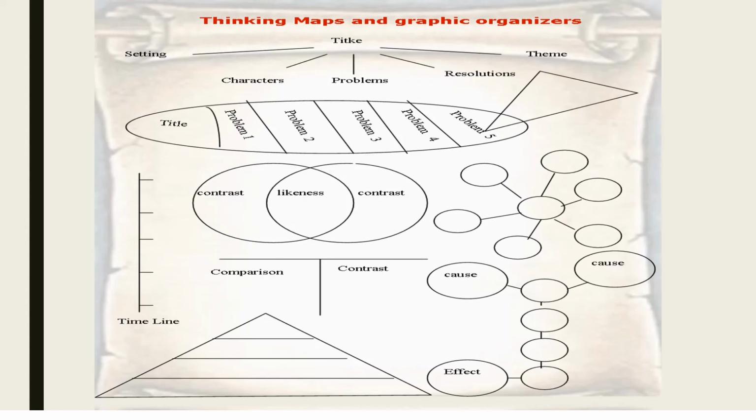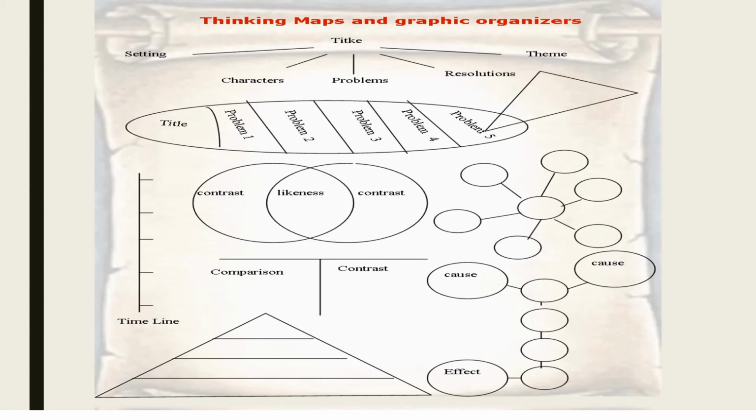So we have there the organizer for the elements of the story, when you are asking the students for the title, setting, characters, problems, resolution, and theme. And then another one, we have here the fish bone, with the title, identifying the problems that arise in the story.